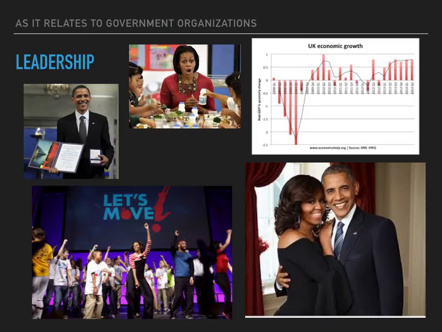As it relates to government organizations, I think Michelle Obama and Barack Obama are tremendous examples of great leadership in our country in the public sector. I want to start with Michelle because I'm totally in love with her. I'm a nutrition major, so her Let's Move movement for the public school system was extremely beneficial to our food industry policy, especially when it comes to our youth.